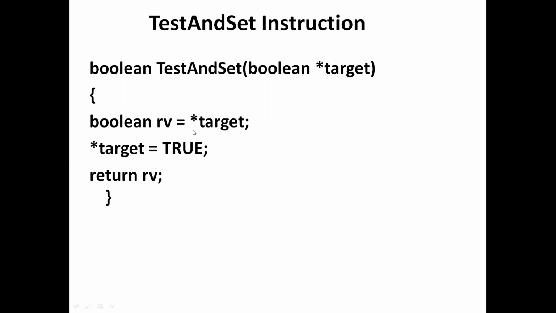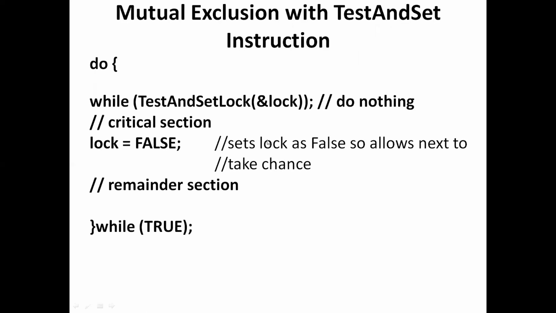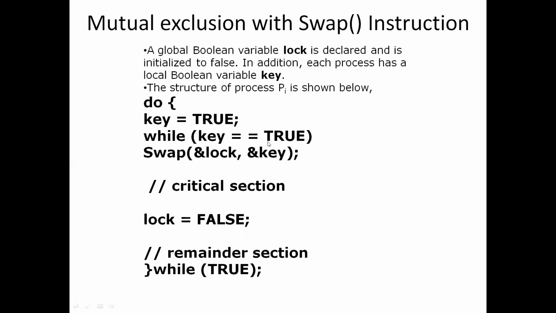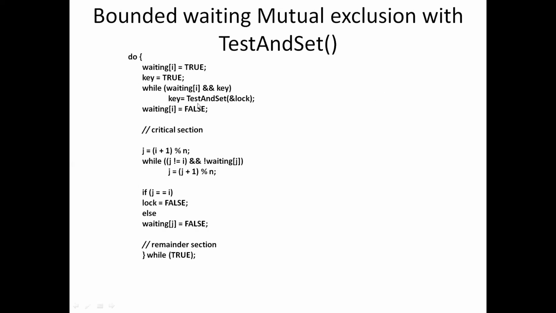What is RV holding now? RV is holding false. That false will be returned, so the test and set instruction will return false. That false will be set to key. Control will once again go to the while condition and check it. Waiting of 0 is true only, but the key value is modified.